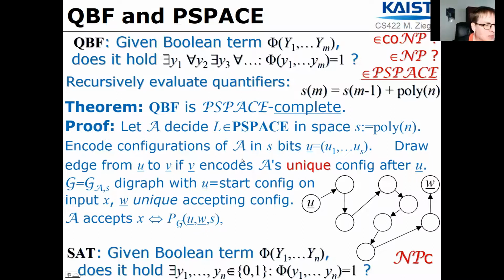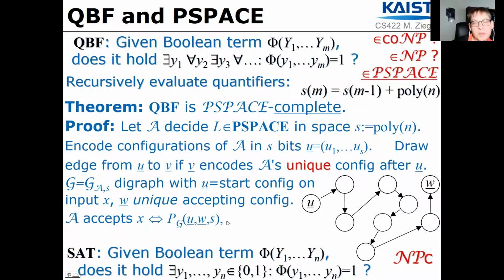And the first thing is, we're going to simply define that the algorithm A accepts the input X if and only if this graph has a directed path from the starting configuration U, which encodes X, to the unique accepting configuration W, using memory at most S, that is, of length at most 2 to the S, where G denotes here this graph, which depends on the algorithm and the memory bound.